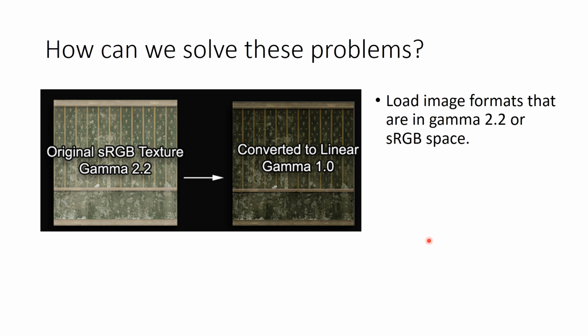DirectX and OpenGL basically read this texture data through a shader sample. If the texture is in this sRGB space, then it is converted to linear space. That is basically the space we need to work. Basically, it's doing this.